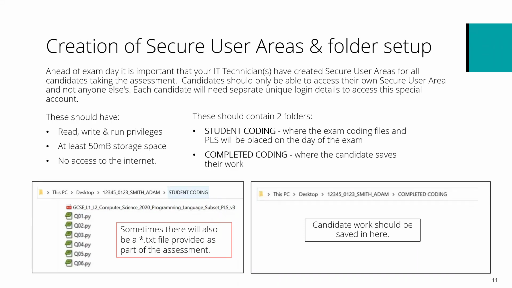I was asked to put a number in, so I put 50 megabytes, but it's tiny. As you know, these code files are tiny text files, .py. So I think 50 megabytes is probably ample. But if anybody has any worries or concerns about that, let me know.